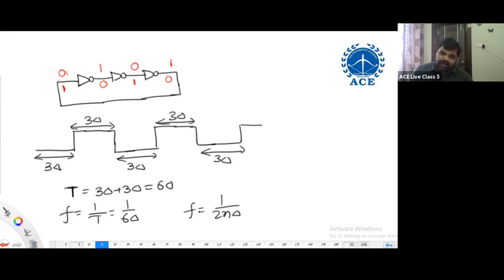So to calculate duty cycle, the rising time and falling time of each inverter must be known. Yes, Gopal Krishna Reddy. Yes, sir. If you are using one inverter also, it is astable only. Odd number, check it. So 0, 1, 0, 1, 0, 1, it is oscillating, right?